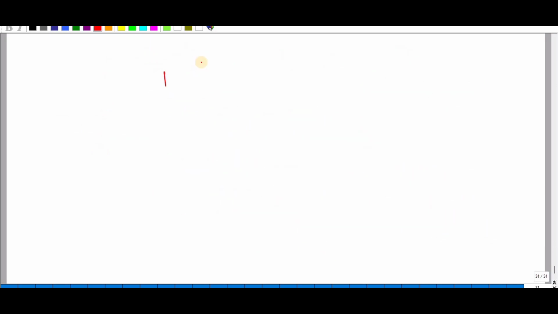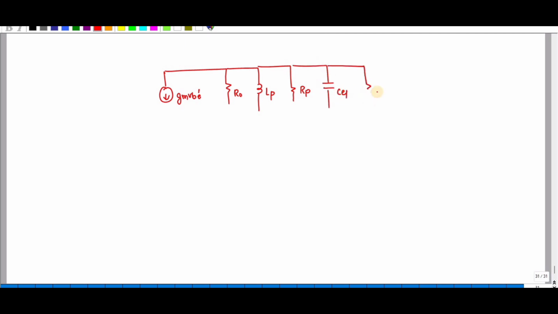So now I can redraw the equivalent circuit. This is your R0 and this is your L and C. I am going to replace it like this, and you have a C equivalent and you have the input resistance of the next stage.